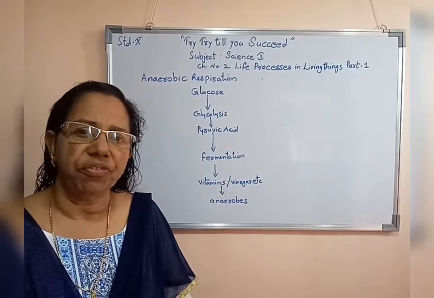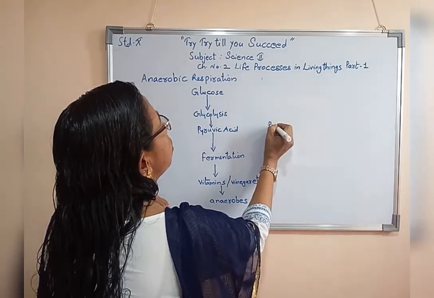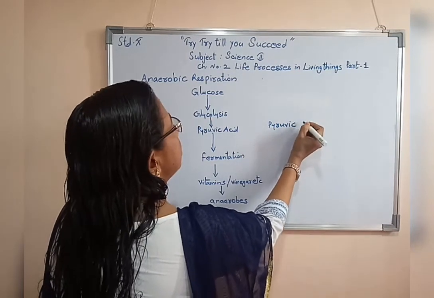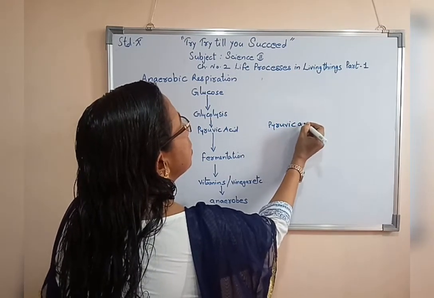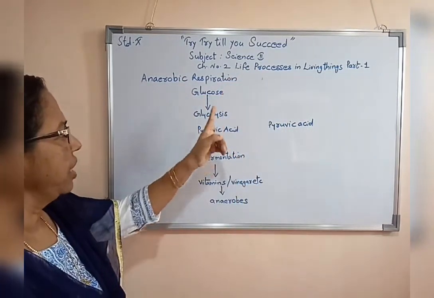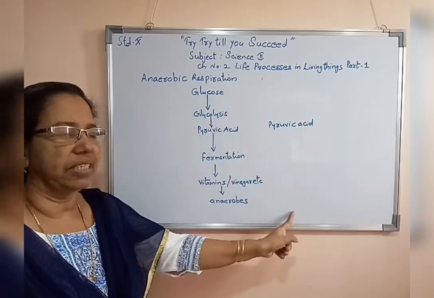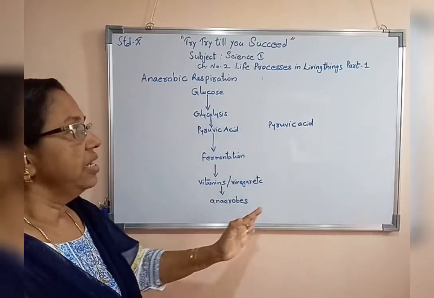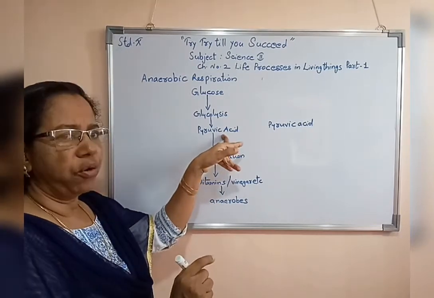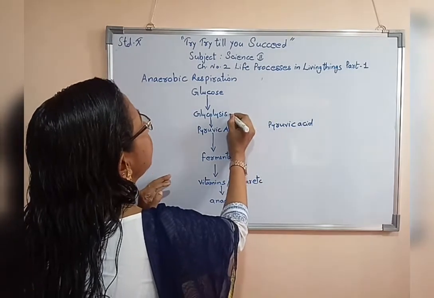In higher groups of animals, the same process takes place in their body also. Glucose is transformed to pyruvic acid. But here I am showing other examples, so I am repeating the same thing here. In higher groups of animals, glucose is transformed to pyruvic acid by the glycolysis process. After that, what is happening?